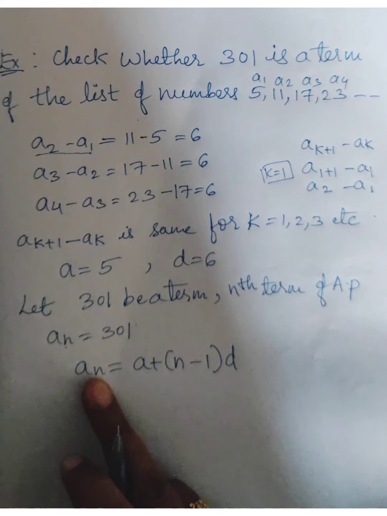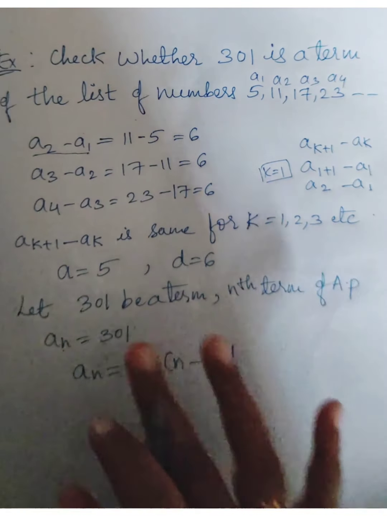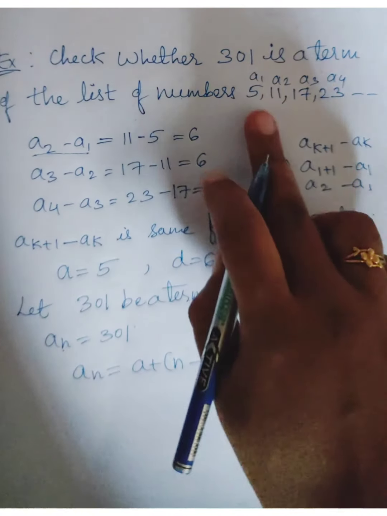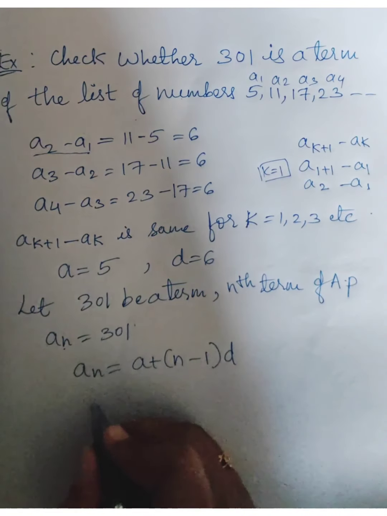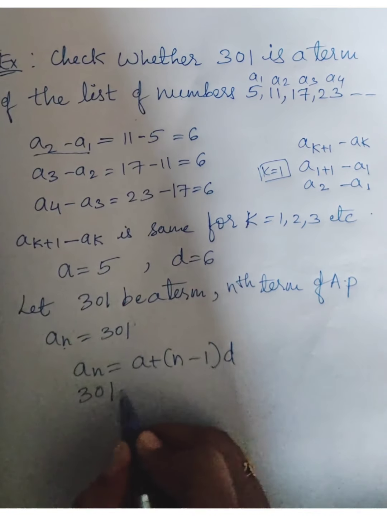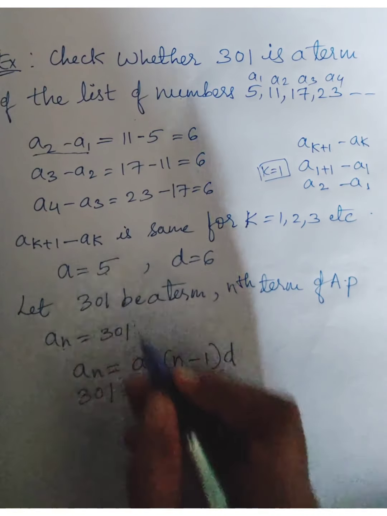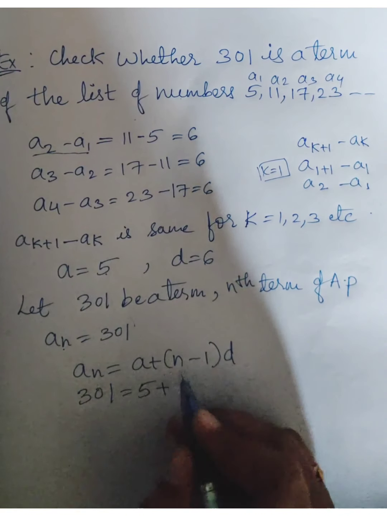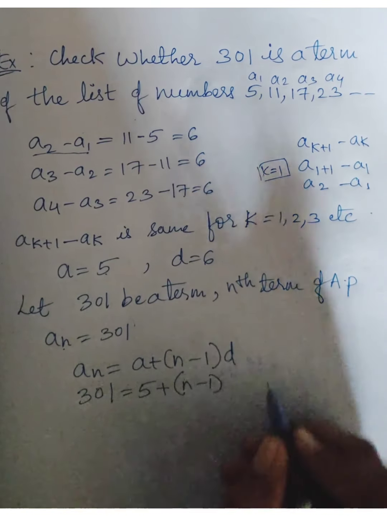Now I told you n, the number of terms, is not given, but An is given, that is 301, and we need to find whether this 301 belongs to the sequence. An is given as 301, so you write it as 301 here. A is the first term, 5, plus (n minus 1), n is not given so keep it as it is.